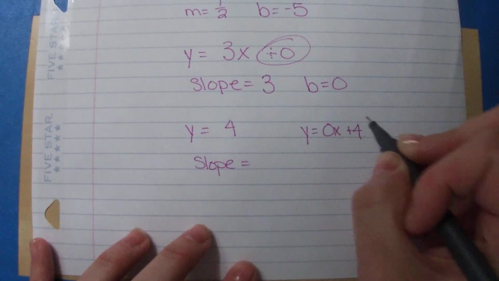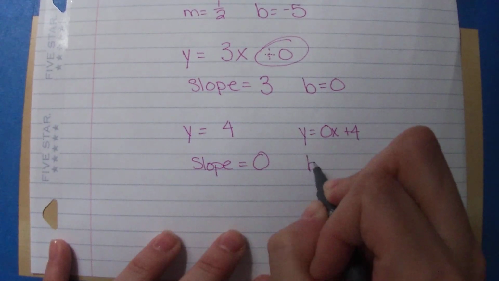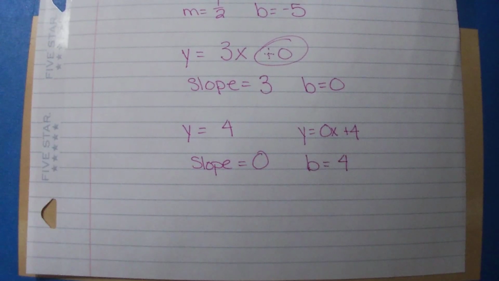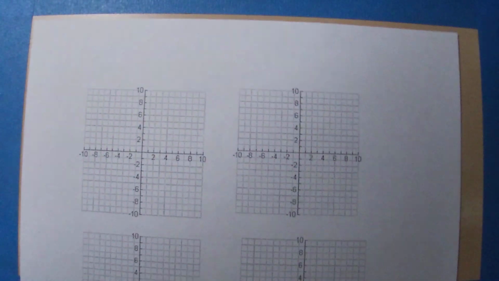There's 0 x's and then an additional 4. So my slope is going to equal 0, and my b in this case is going to equal 4. Okay, so my slope is 0, my b is 4. So if we can identify those two things, we then have enough information to be able to graph with it.